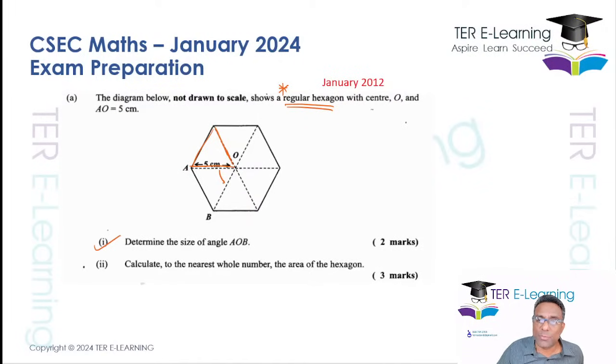So that means what we really have here, we have a total of 6 equilateral triangles, right? So when they say determine the size of angle AOB, right? Because it's an equilateral triangle, right? It means that this angle here has to be 60 degrees. So we can deduce that this angle here is going to be 60 degrees. All these triangles that we see in the regular hexagon, they are all equilateral triangles, right?